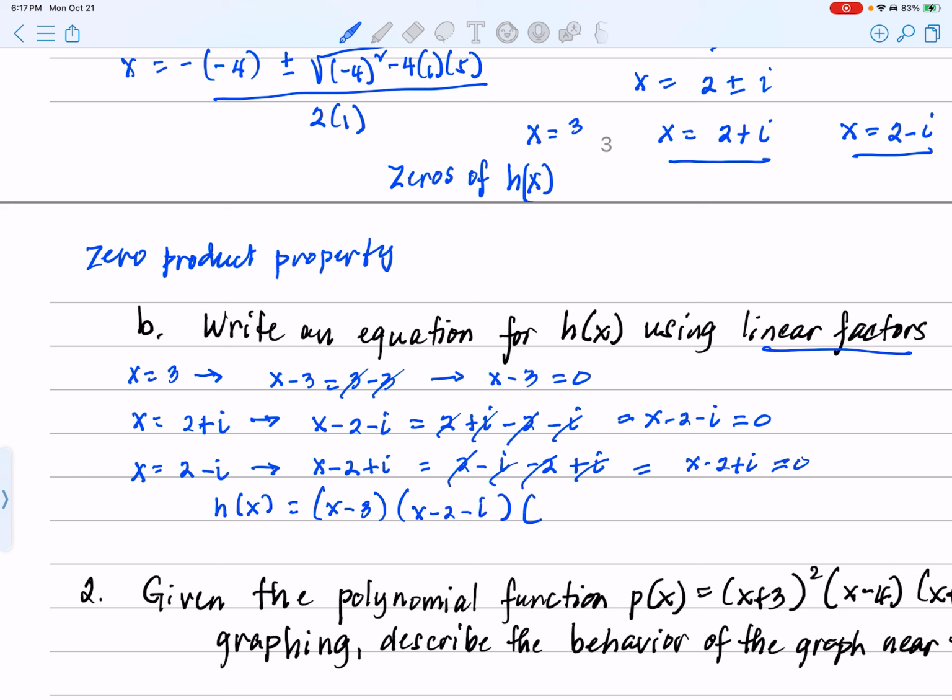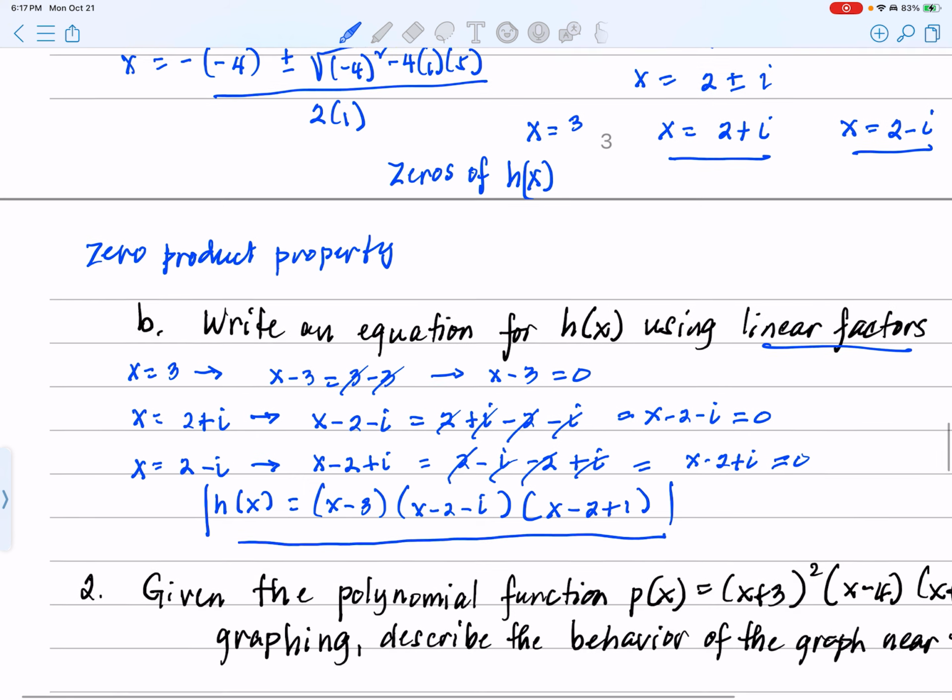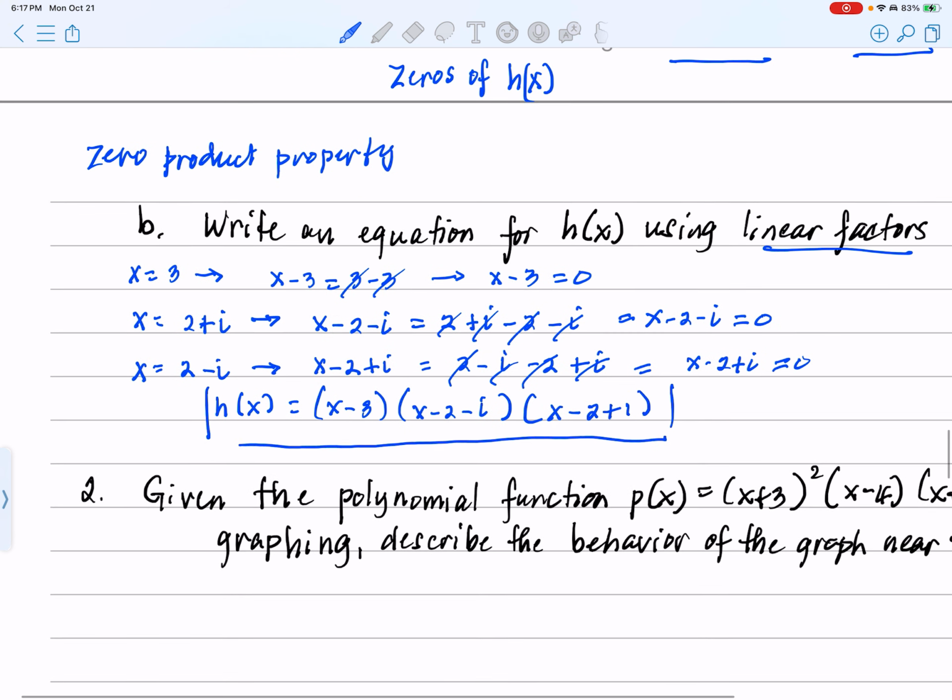And the third is x minus 2 plus i. This is your equation for using the linear factors. I hope that is clear so far.